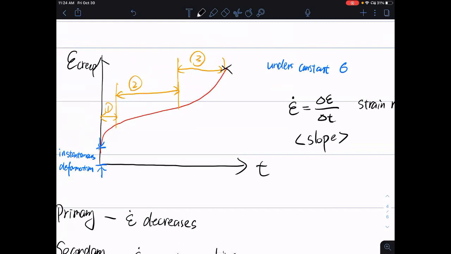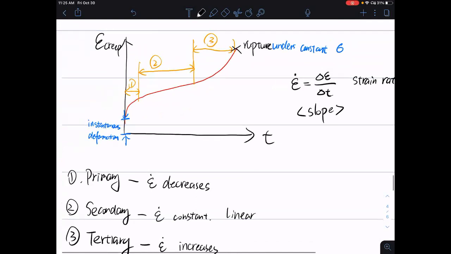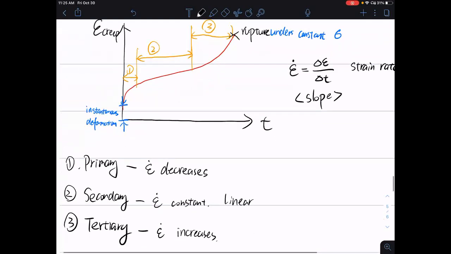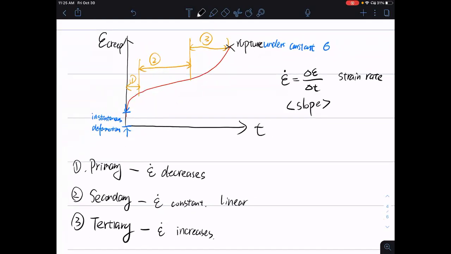And here we also call it rupture or fracture, either way. So in region 3, that's when the material breaks. Failure occurs. That's a typical creep strain versus time plot.